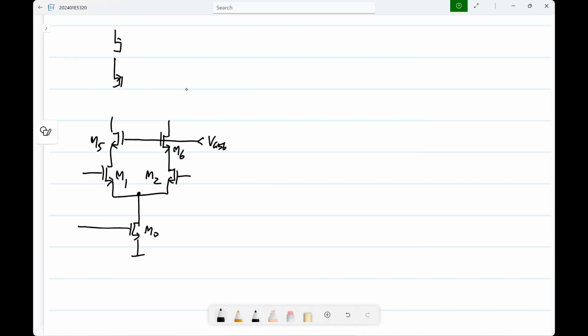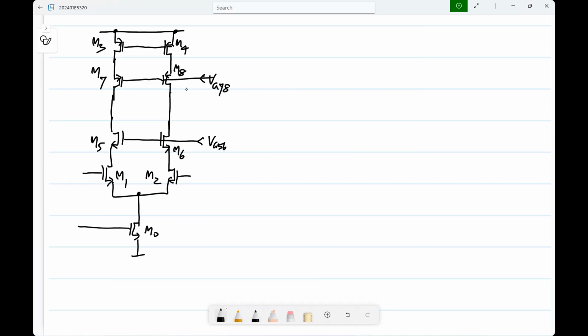And the PMOS current mirror will use a PMOS common gate amplifier. Okay. Now you connect the current mirror in exactly the same way. That is, based on this drain voltage, you vary the gate so that it gets biased correctly. Okay.